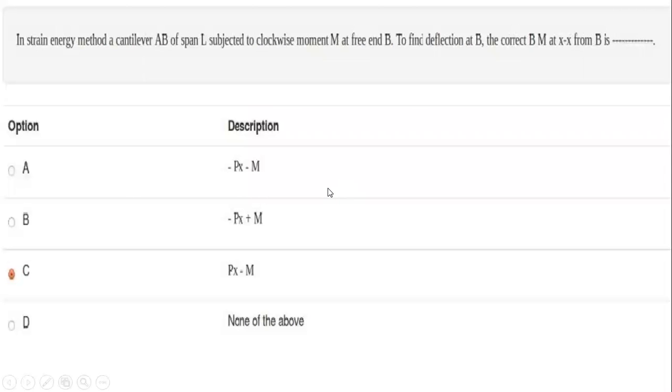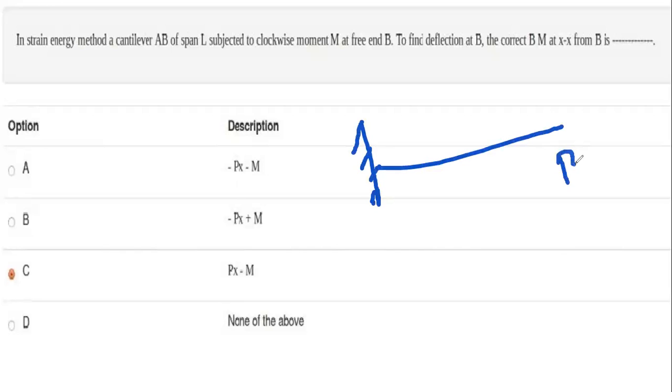Next, in the strain energy method, a cantilever AB of span L is subjected to a clockwise moment at free end B. To find the deflection at B, the correct bending moment at section XX from B is? So to find the deflection at the free end of this cantilever, we have to find the bending moment equation.